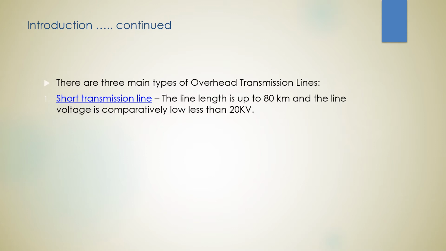So the length of short transmission line is up to 80 kilometer, and the voltage of short transmission line is up to 20 kilovolt.